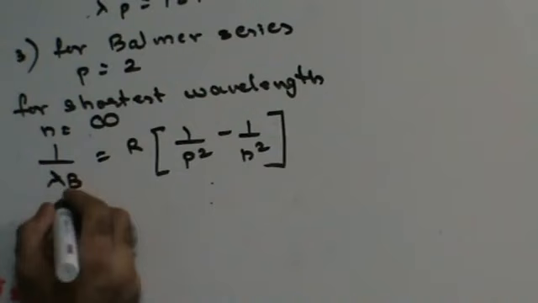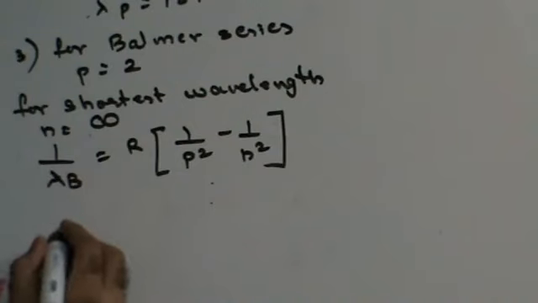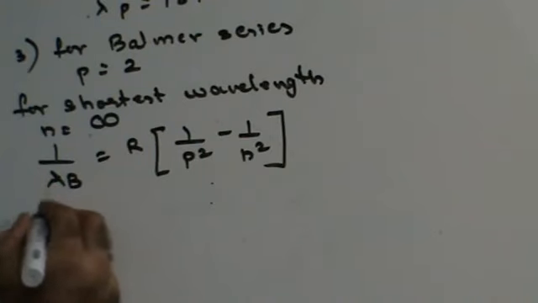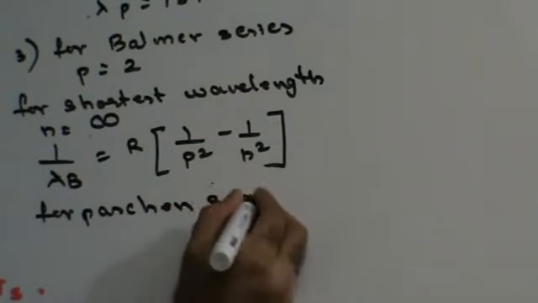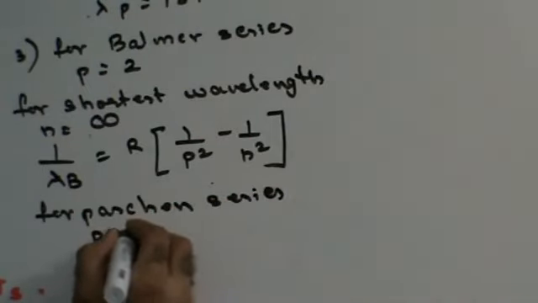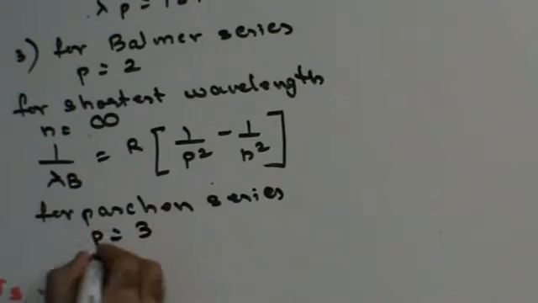Then they have asked you to compare the shortest wavelength of Balmer series with that of Paschen series. Now for Paschen series, I can say that p is equal to 3.